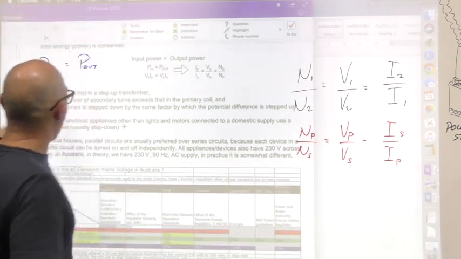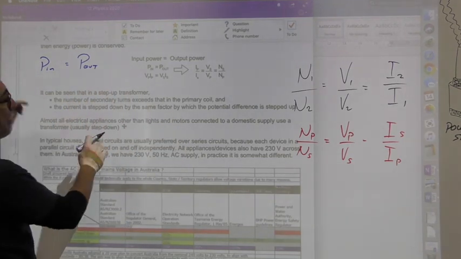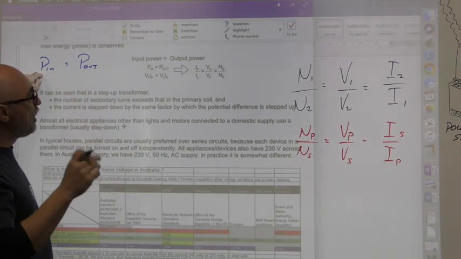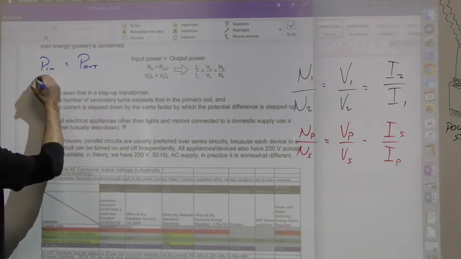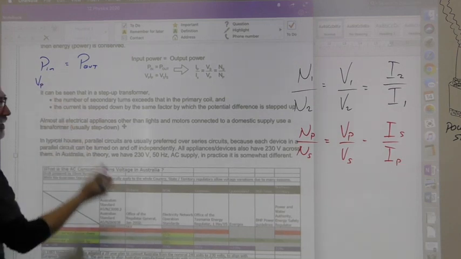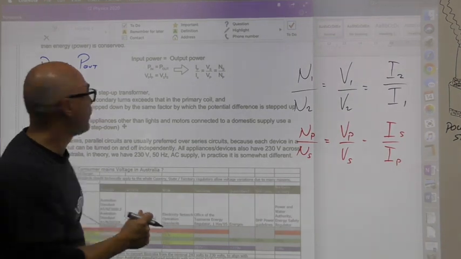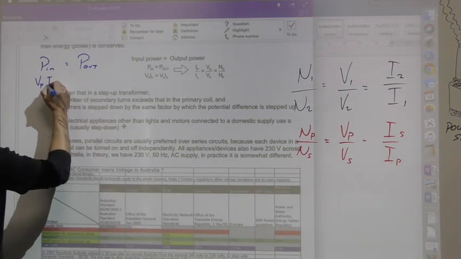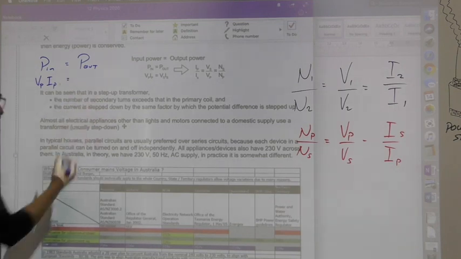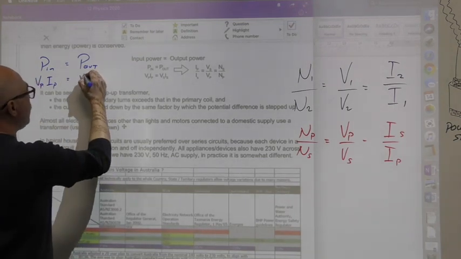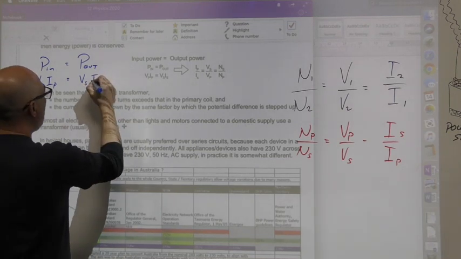Okay, so power in equals power out. Now if you know that power is equal to IV, or VI as it's written here, that means the voltage in the primary, the receiving side of the transformer, multiplied by the current in the primary, has to be the same as the voltage in the secondary side of the transformer, multiplied by the current in the secondary.